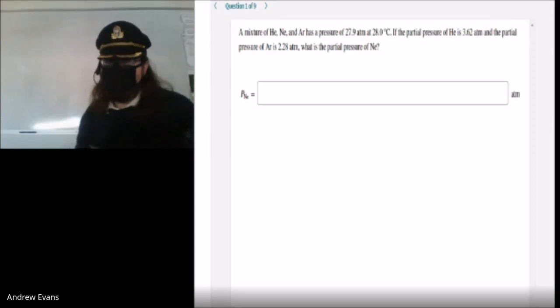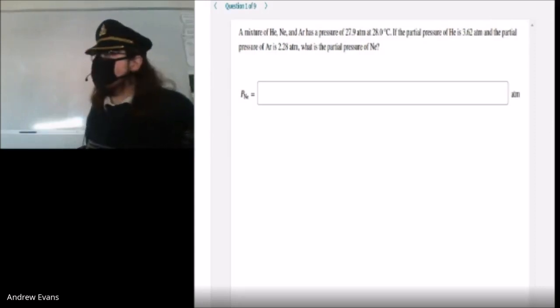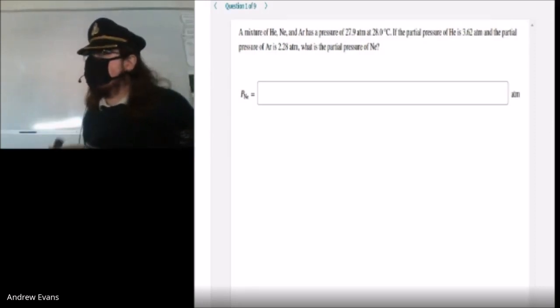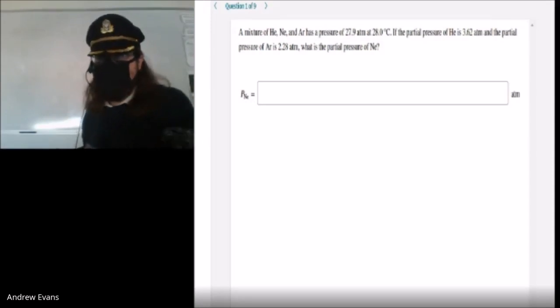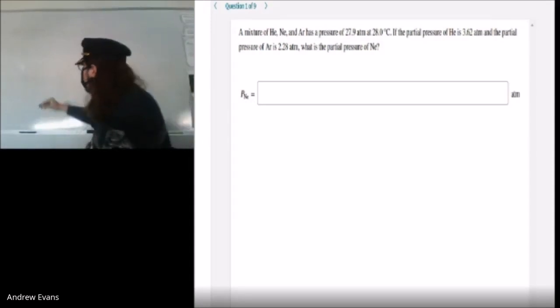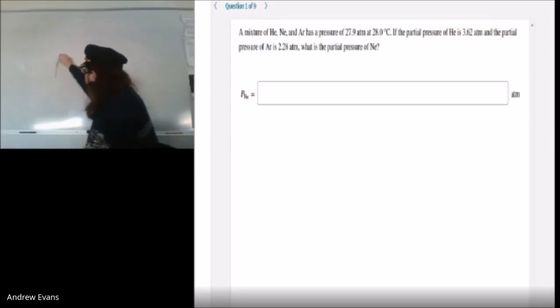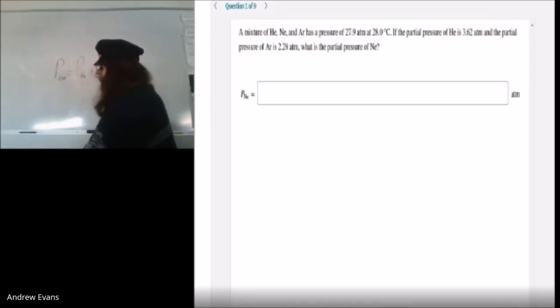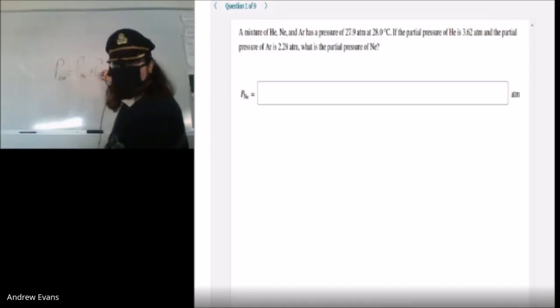With this in mind, Dalton's law of partial pressures is literally that the sum of each individual pressure is equal to the total pressure. So we can say that P total is equal to P helium plus P argon plus P neon.